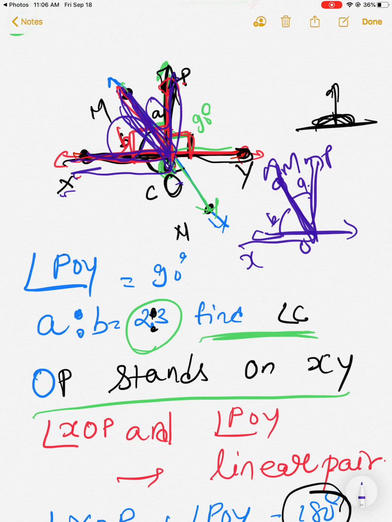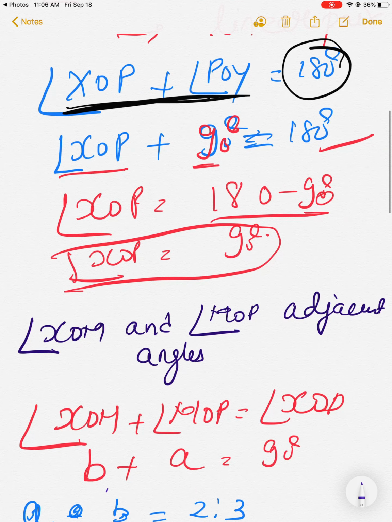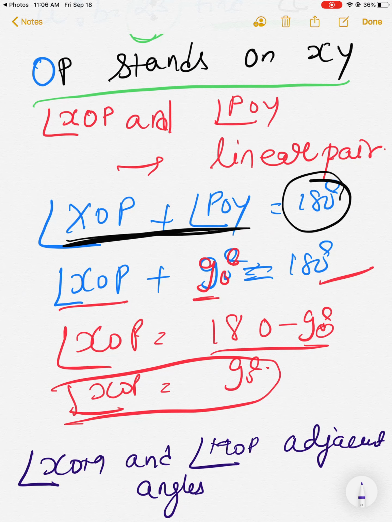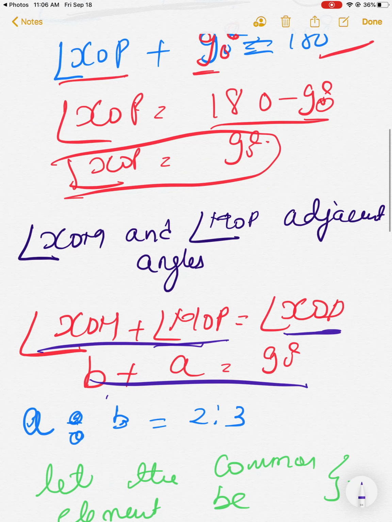B plus A is equal to POX or XOP. XOP is 90 degrees we have got. Now XOM plus MOP is equal to XOP. So B plus A is equal to 90 degrees.